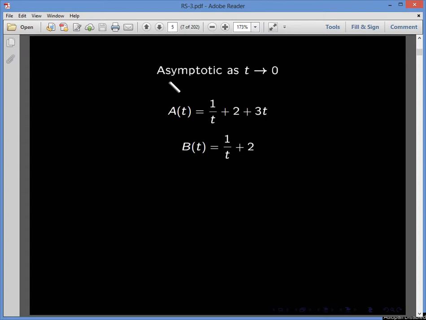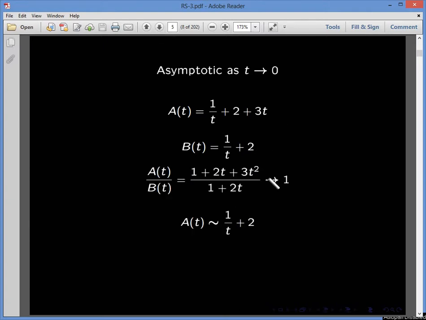The next one will be asymptotic. We're looking at the same two expressions. To think about the asymptotic, the thing to consider is a(t) divided by b(t). When you consider the quotient of these two things, it's easier to see if there's no t in the denominator, so I multiply both sides by t.